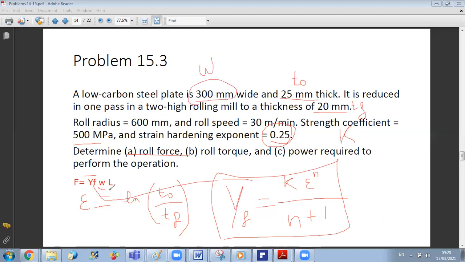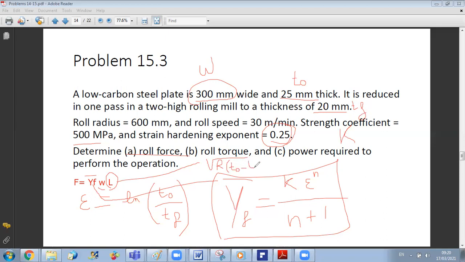And to calculate the contact length L, L is the square root. So to get L, it's the square root of roll radius R times T0 minus TF. All of these values are here.